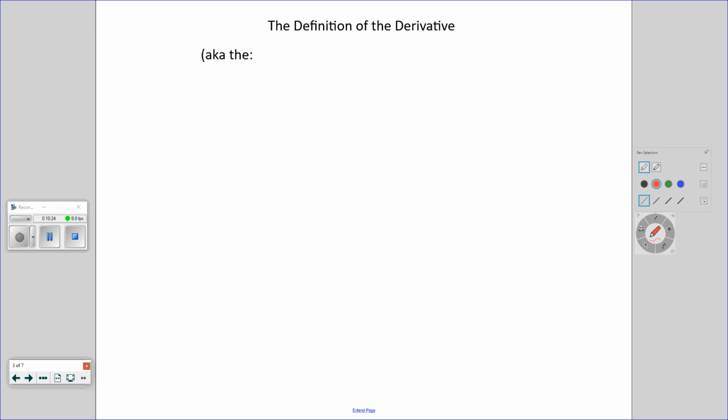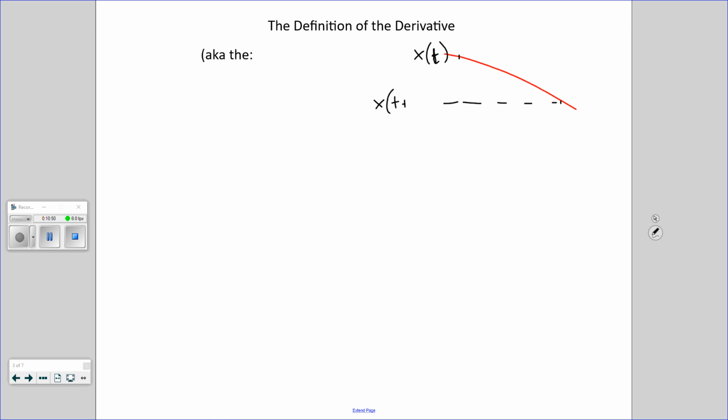If we go back to our little curve, zoomed way in now, what we have here is x at some time, let's call it t. And then later we have x at t plus some delta t. Here this instant is time t, and this instant is time t plus delta t.